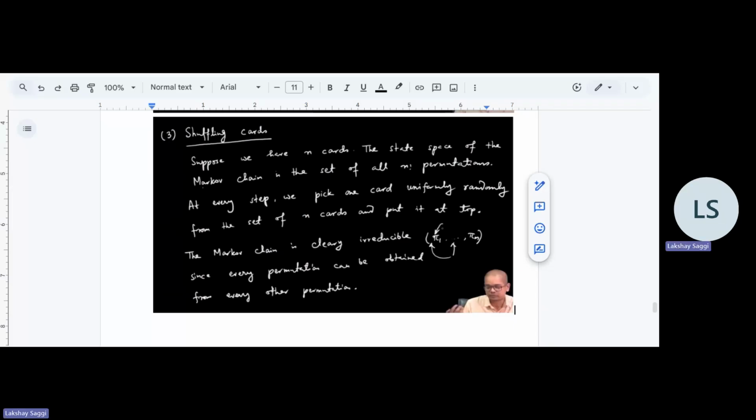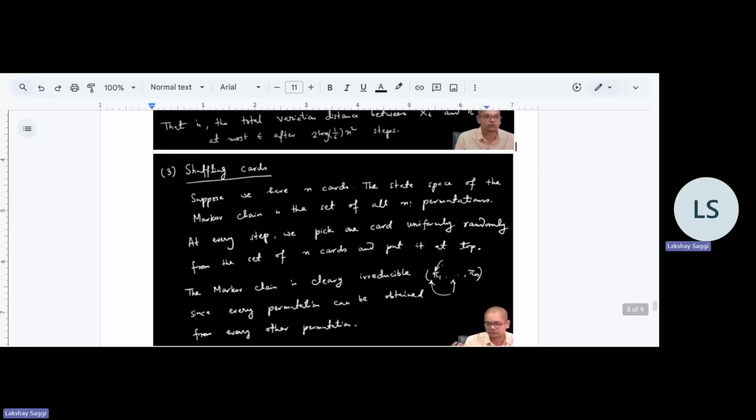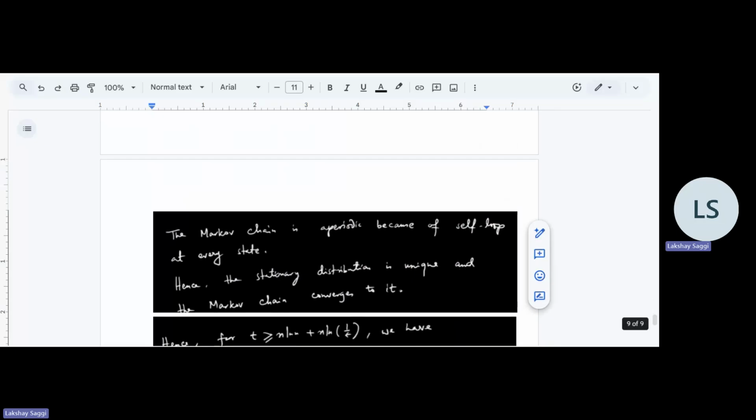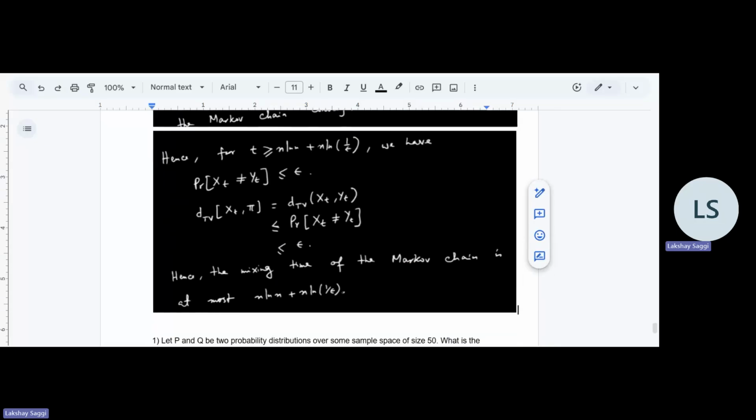Similarly, there are some other applications for Markov chains. Suppose you are shuffling cards. Suppose you have a set of n cards. The state space is the set of all n factorial permutations. At every step, you pick one card uniformly at random from the rest of the cards and put it at top. This Markov chain is reversible, one can prove, and it's also aperiodic, and hence its stationary distribution is unique.